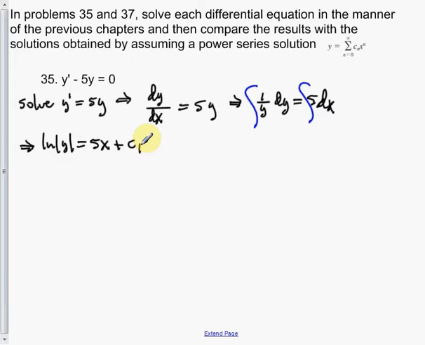We can exponentiate both sides, and that gives us y is equal to e to the 5x times e to the c sub 1.